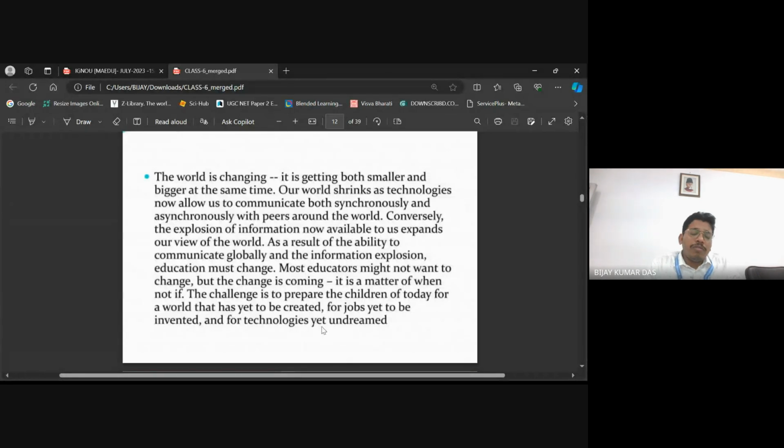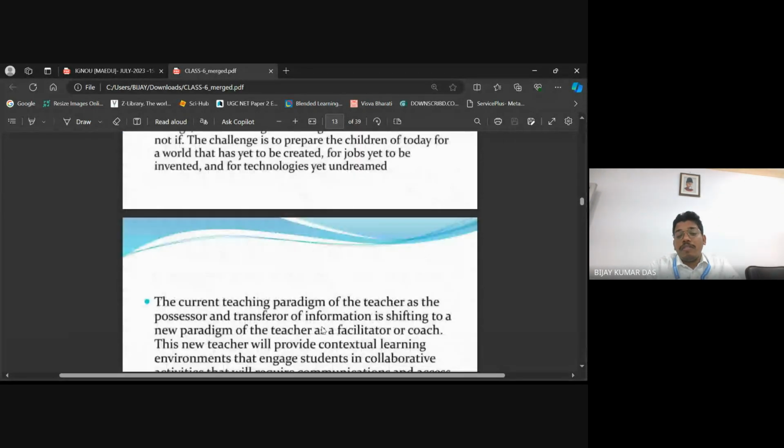So when we are living in a technological era, in the advanced digital era, we must have some initiatives, some targets, some goals for bringing adequate development in the education field.